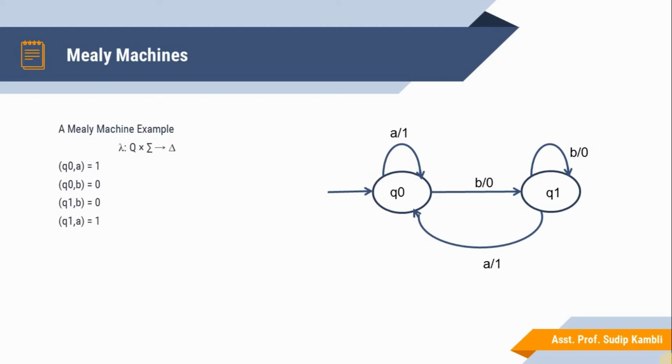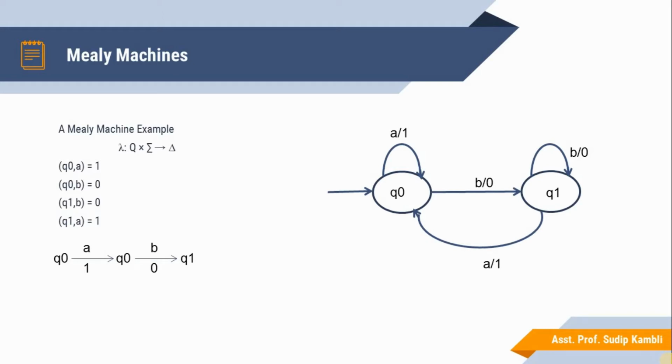Now we discuss the transition diagram using the transition function. The start state is q0. q0 scanning a goes to the same state q0 and the output is 1. q0 scanning b goes to the q1 state and the output is 0.